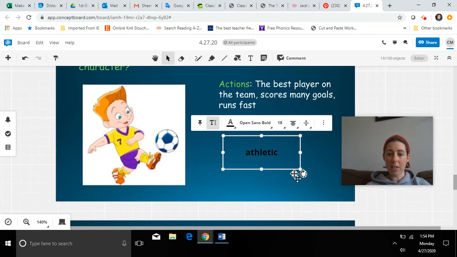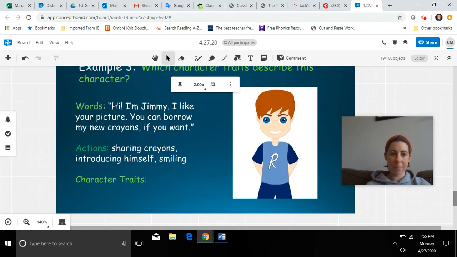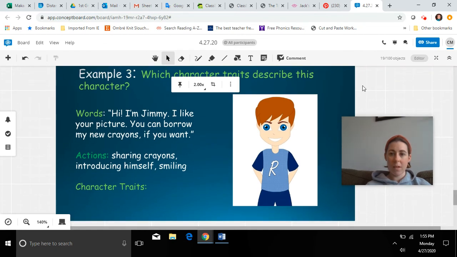All right, let's take a look at another example. It says, which character traits describe this character? Okay, this time we have actions down here, what he does, but we also have his words. So this is what he says. He says, "Hi, I'm Jimmy. I like your picture.